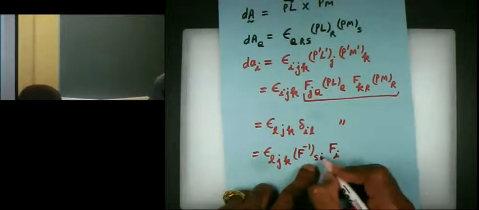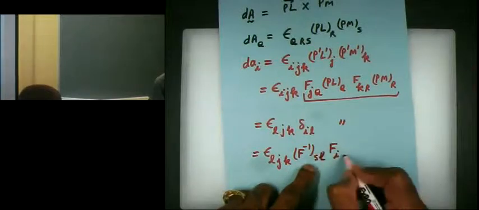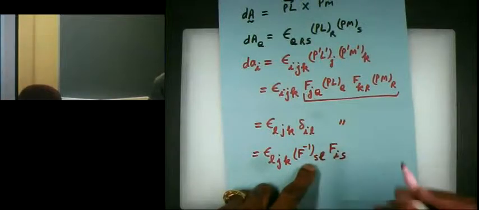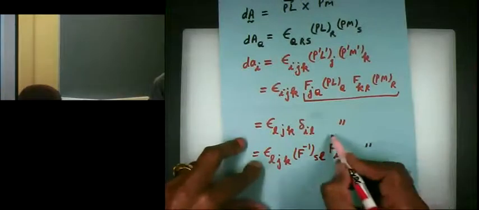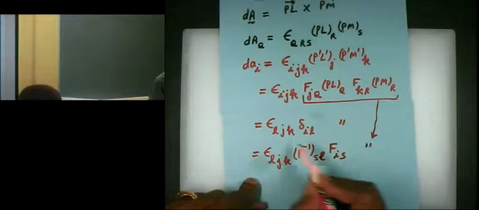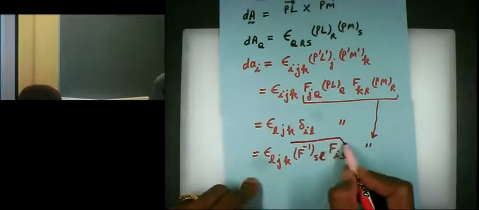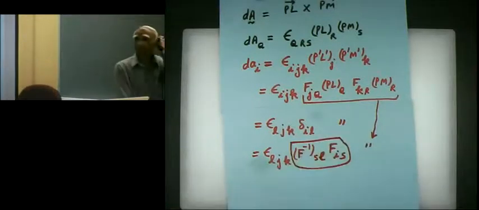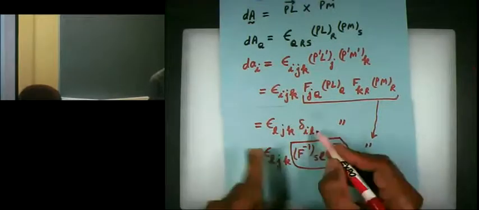So let me put L here. F. The rest is copied. So this term is also copied here. So this delta IL, I'm writing it as F inverse. This delta IL, I'm writing it as F I S F inverse S L.